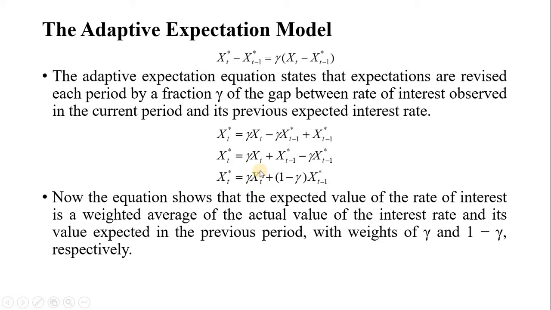Xt means the current interest rate multiplied by your expectation coefficient, plus 1 minus gamma into the previous expected interest rate. So the expected interest rate is a weighted average of the actual interest rate with weight gamma, and x star t minus 1 with weight 1 minus gamma. You got the point? Yes.